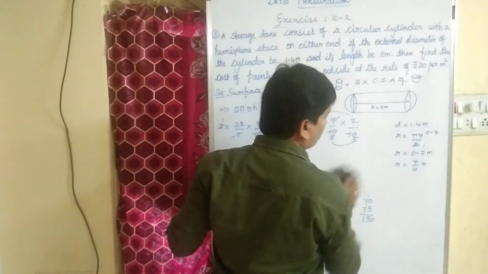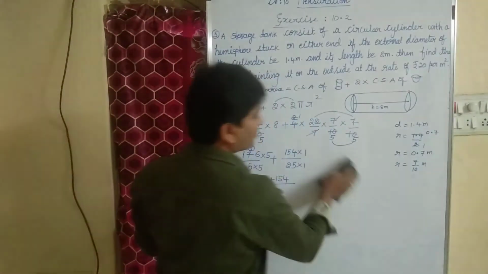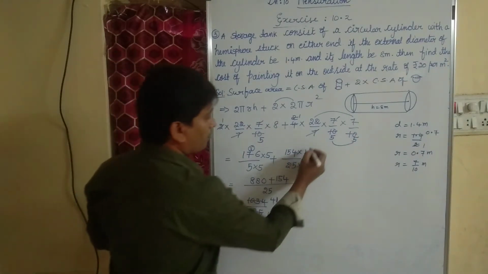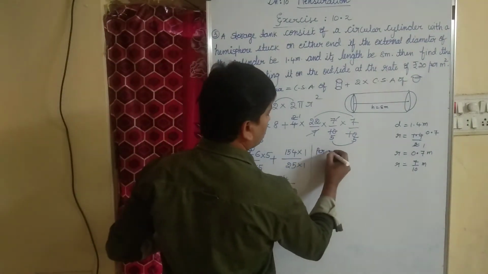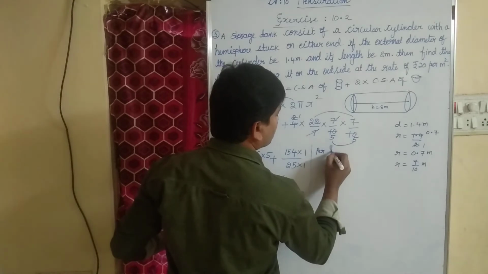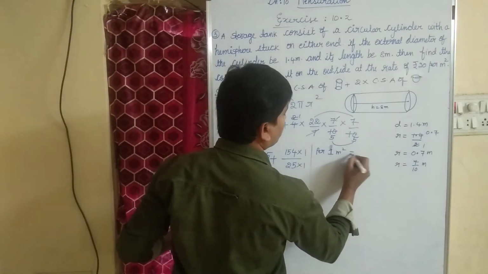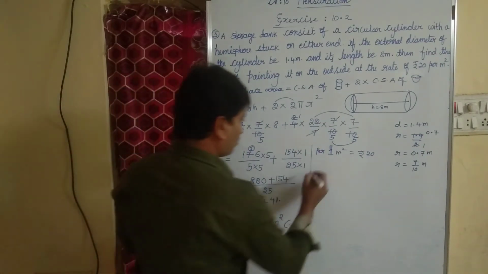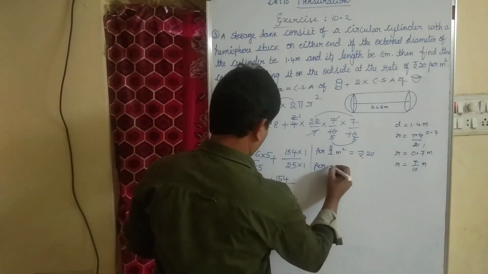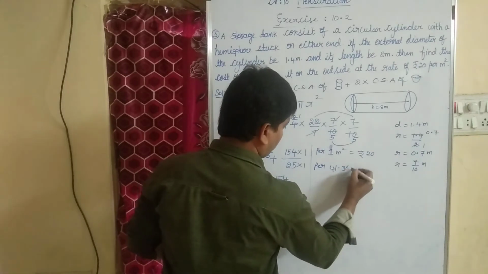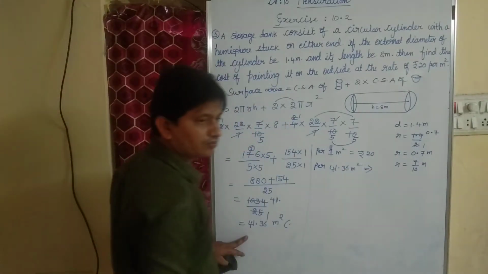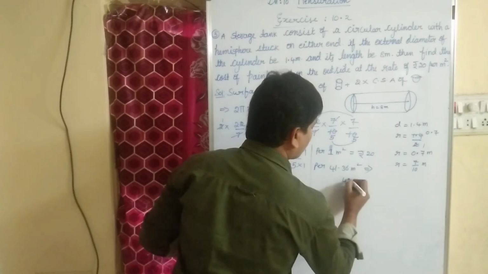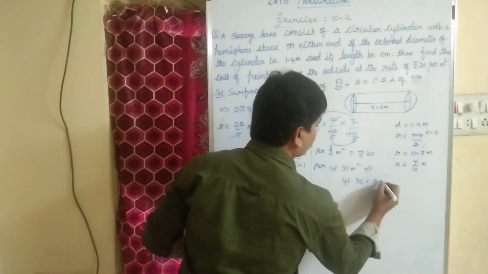But actually they are asking to find the cost of painting it on the outside at the rate of rupees 20 per 1 square meter. Per 1 square meter they are charging rupees 20. Now the point is, per 41.36 square meter what is the cost? So cost equals 41.36 into 20.